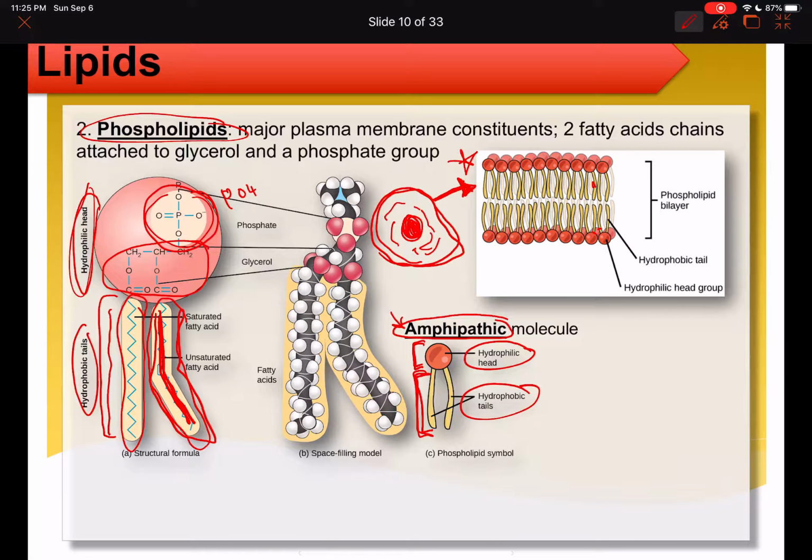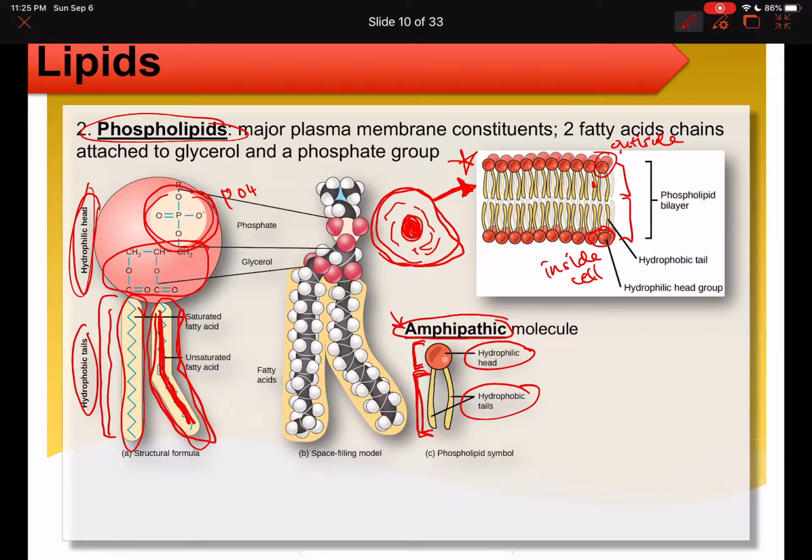We will talk about the plasma membrane in detail in chapter 5, but the plasma membrane is made up of two layers of phospholipids, one layer here and one layer here, that come together like this with hydrophobic tails facing each other inside of the membrane, whereas hydrophilic heads right here face either the outside of the cell or face the inside of the cell.